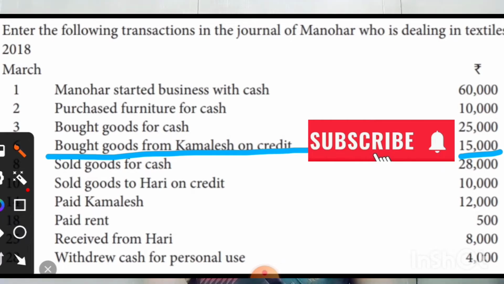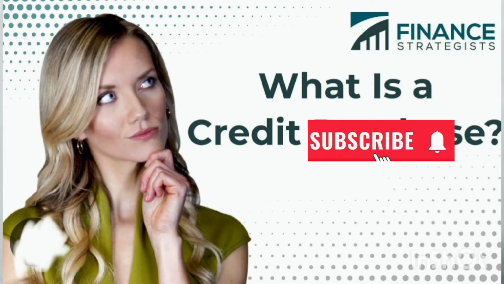Let's see the next transaction. 6th March, bought goods from Kamlesh on credit, rupees 15,000. Now this transaction is a credit transaction, a credit purchase. What is the meaning of credit purchases?